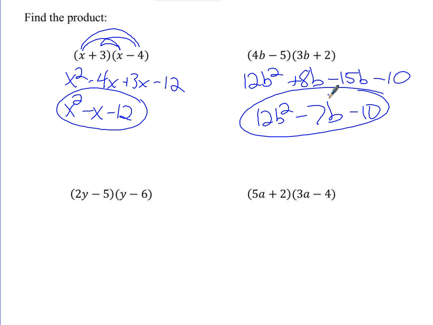All right, the bottom two are yours. Draw the lines if you need to, or the little arcs if you need to. Watch your signs. Watch out for multiplication mistakes. Go ahead. What's my first term? Two y squared. Call on somebody else. Minus 12y. Good. Call on somebody else.